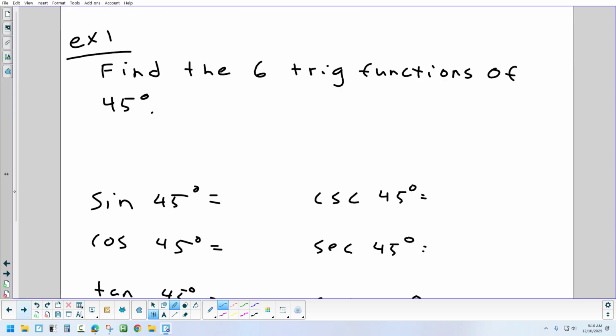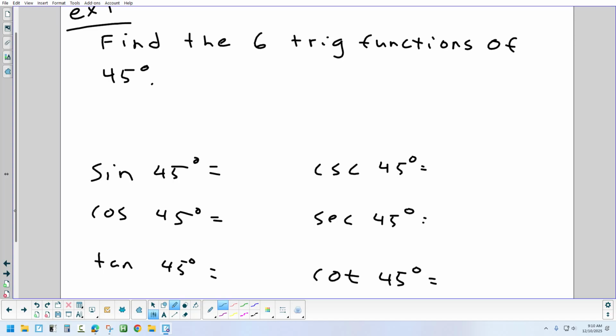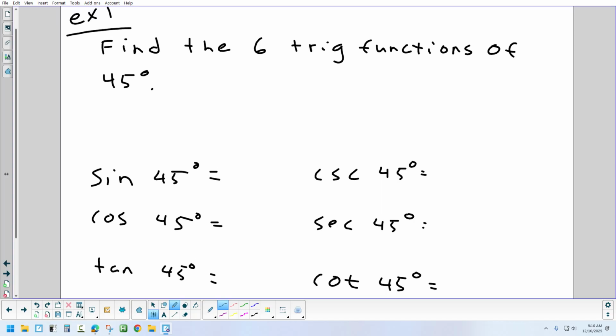All right, so let's try to find the 6 trig functions of 45 degrees. What's the first thing we have to do? Find the coordinate of 45 degrees. If you have to, in your head, you can try to think of what the sketch would look like.